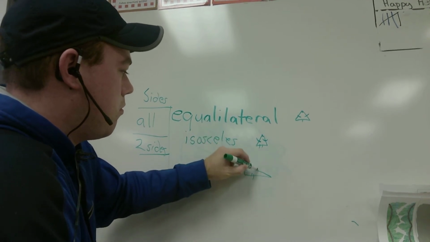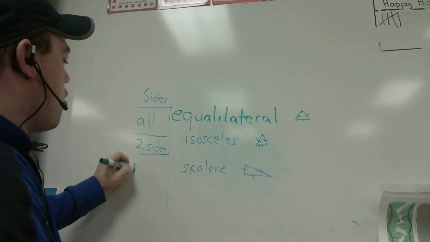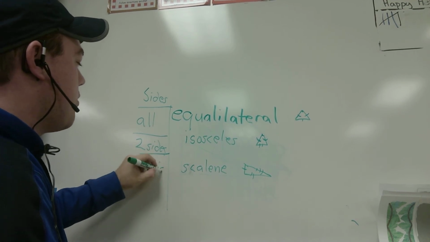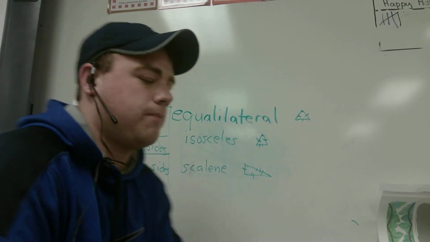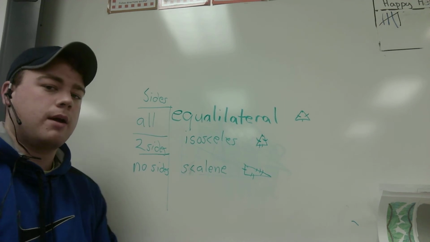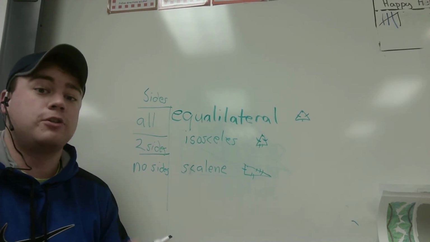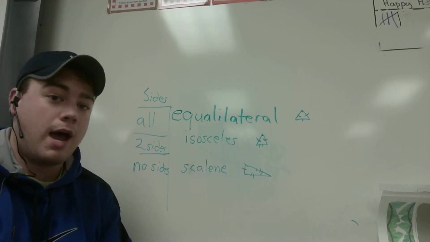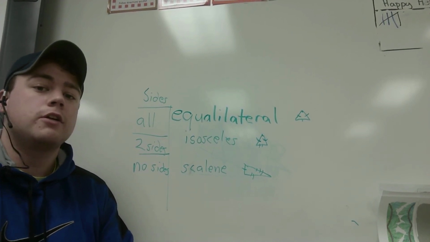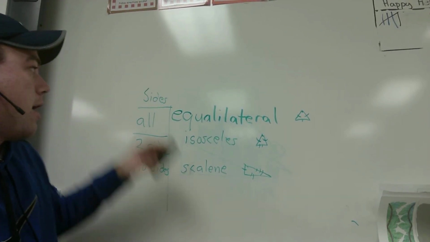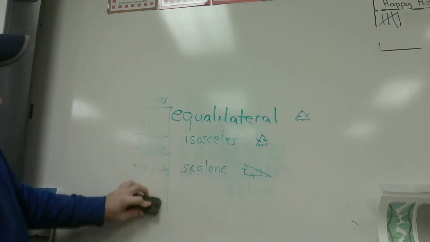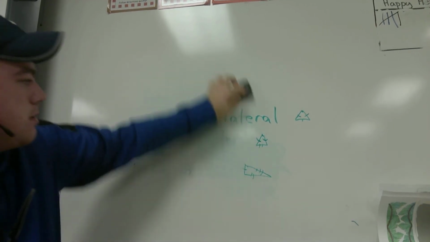Oh, let me get out of the way. So when you're naming triangles, they can actually have two names. You can name them by their sides and by their angles. So let me draw a triangle on the board now. I have a triangle right there, and I'm going to make it bigger.